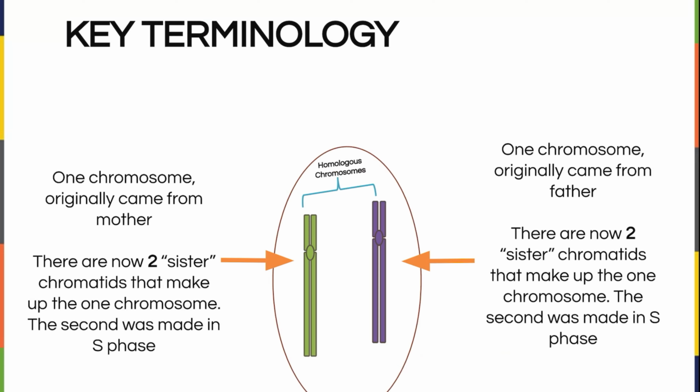So here we've gone from two chromatids to two pairs of chromatids. They've made copies of themselves, and now we have doubled the genetic information. Each one of these chromatids now has another one attached, and we call that the sister chromatid. Where they're attached is called the centromere.